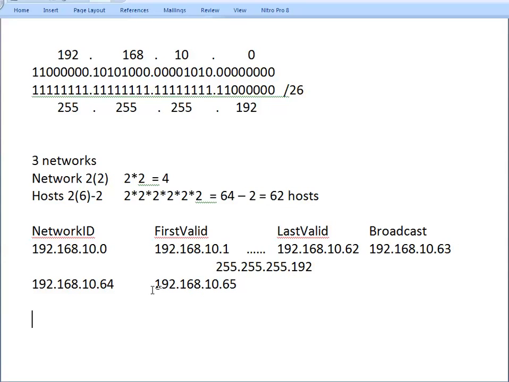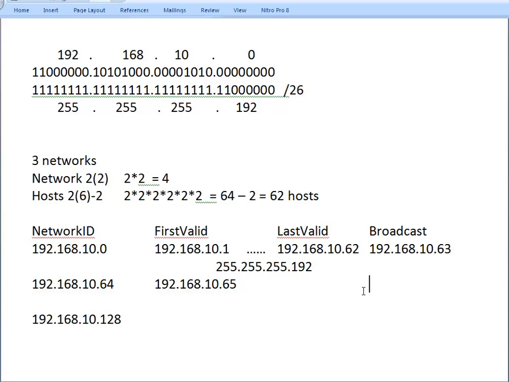We look again at where the separation is happening. Since it's happening on the 4th octet, and this bit on the fourth octet is representing 64, we have to increment by 64. So 192.168.10.64 plus 64 on the fourth octet is 128.